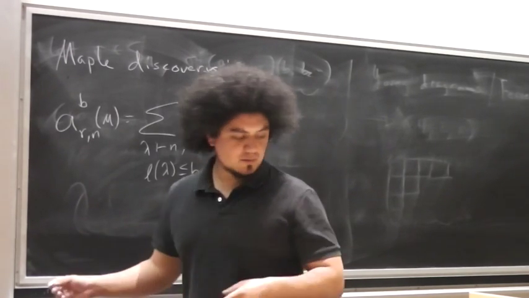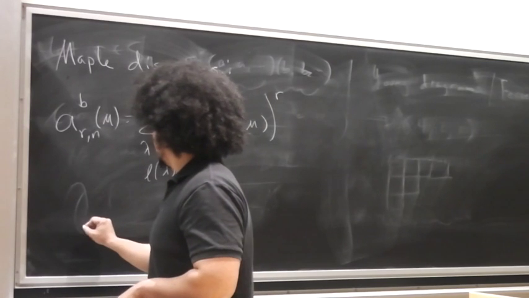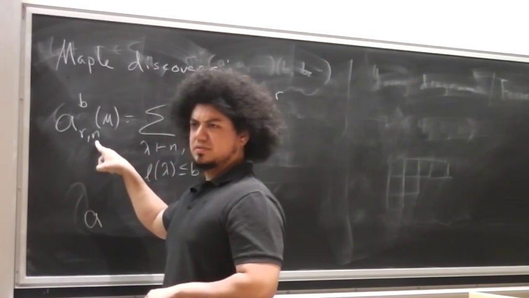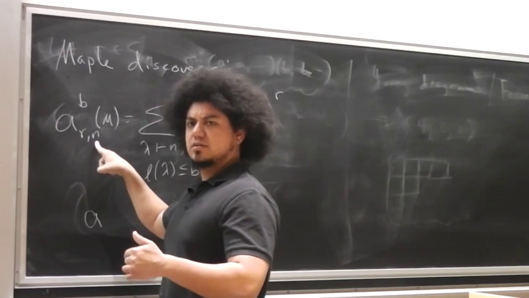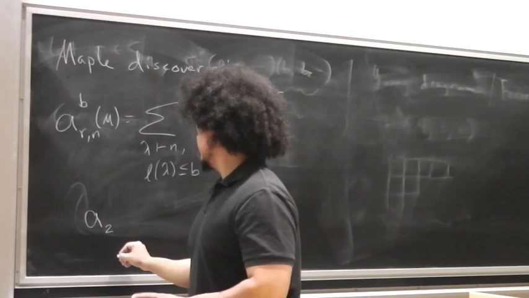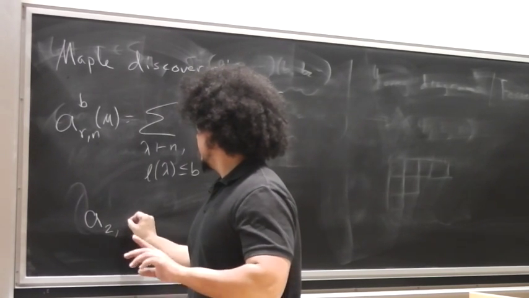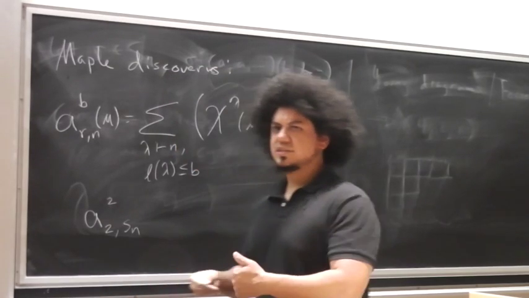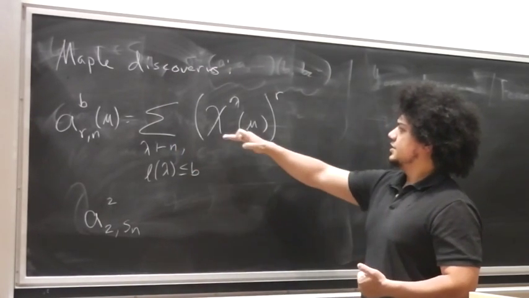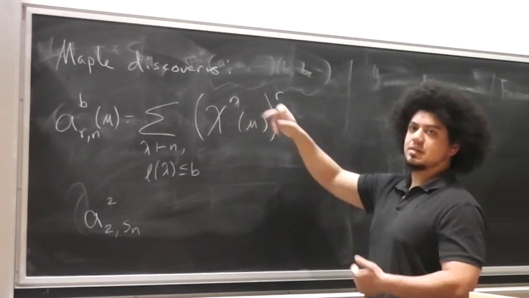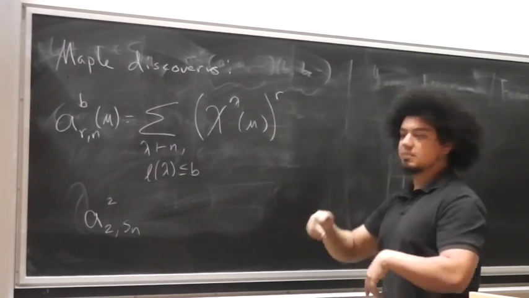So one of the interesting ones that comes up is A. So instead of N, I might put the group, because it might be HN or SN. So I'll put the group. So A, and let's just take the squares. Okay. SN. And let's bound them by 2. So these are all of you take the sum over all the characters, squared, such that lambda has at most 2 rows.